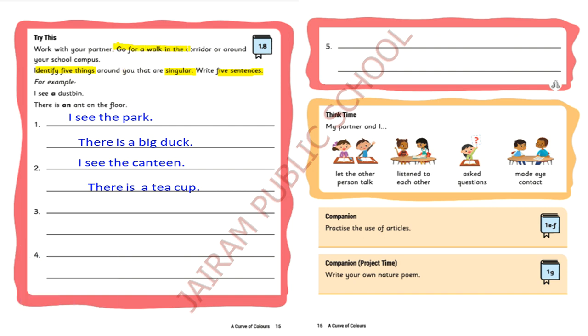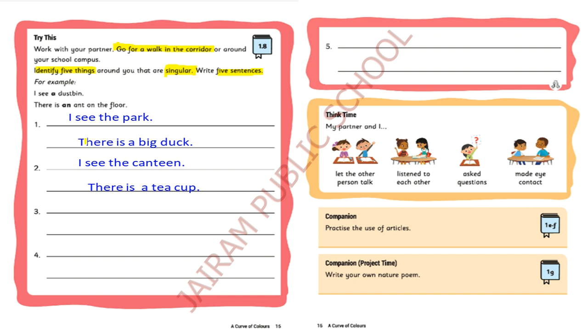Then you have to identify 5 objects which are singular, in the sense that the object should be one in quantity. Its quantity should be 1. Write 5 sentences using that. For example, I see a dustbin. There is an ant on the floor. These are examples, so I have given you 2 examples here.